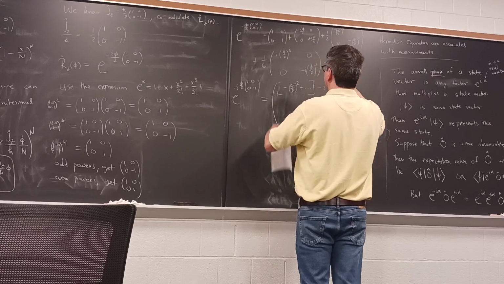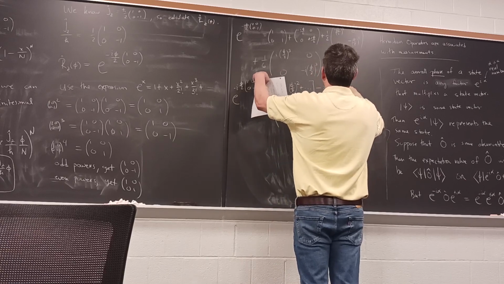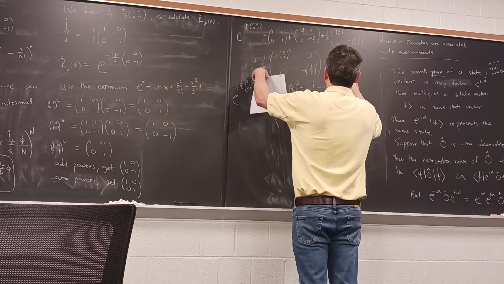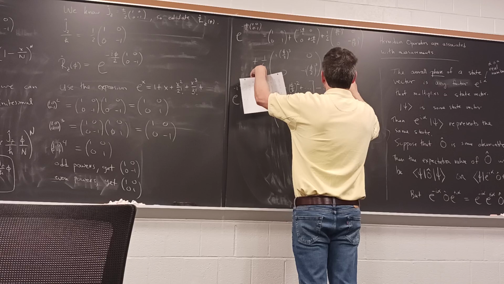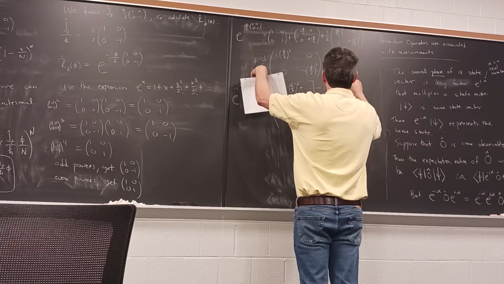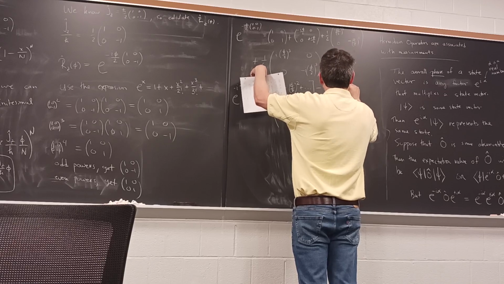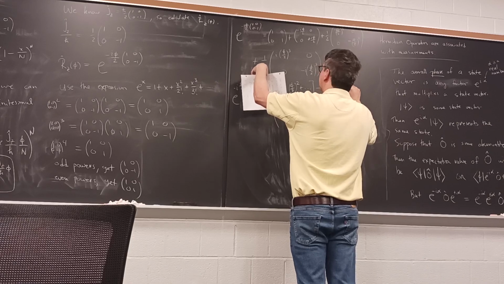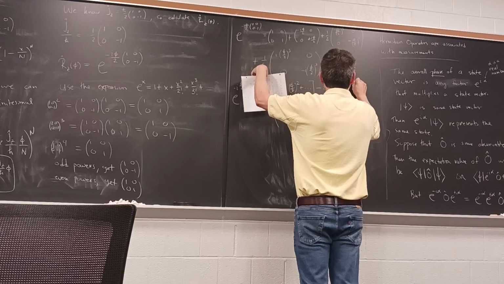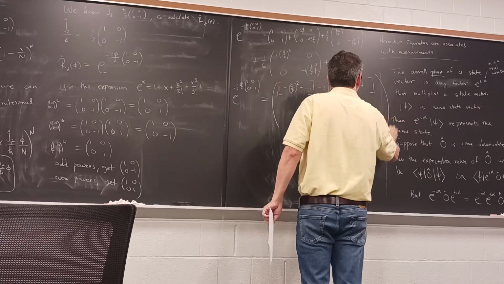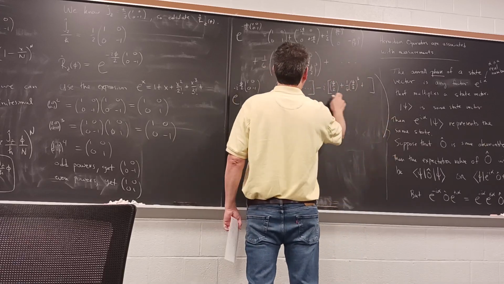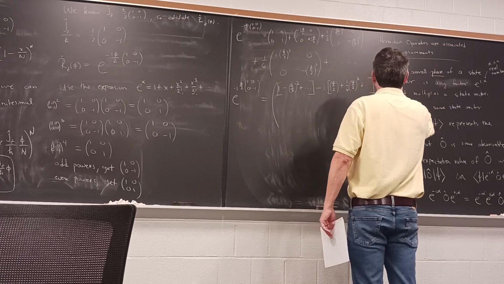let's see here, hang on a second. So this is plus 1, is that right? 5 plus 1, 6, phi over 2 cubed. Okay, so we'll have this, and then a 0 here.